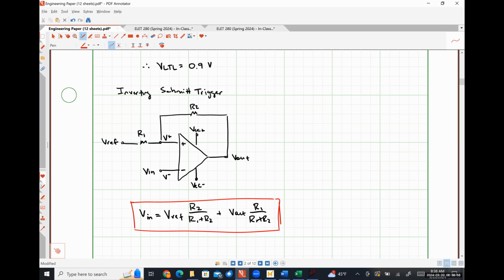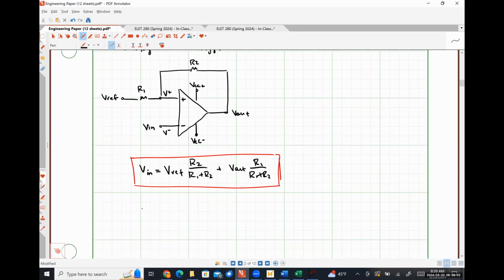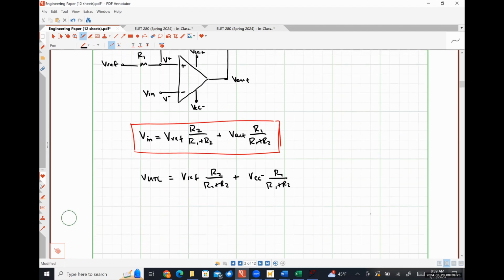If we want, just for the sake of argument here, our upper trigger limit voltage is just Vref R2 over R1 plus R2 plus VCC minus R1 over R1 plus R2. Literally put that in and we get our upper trigger limit voltage directly.